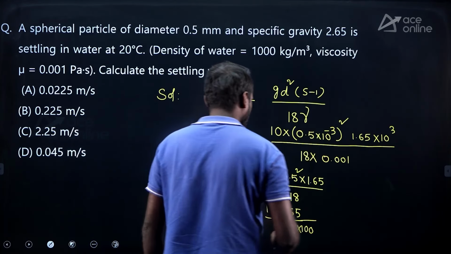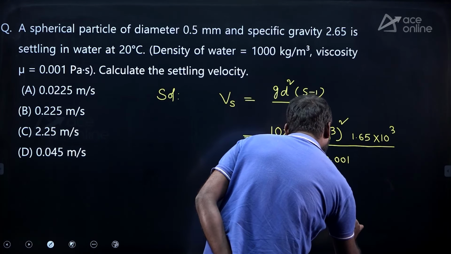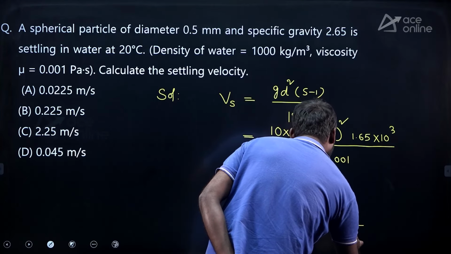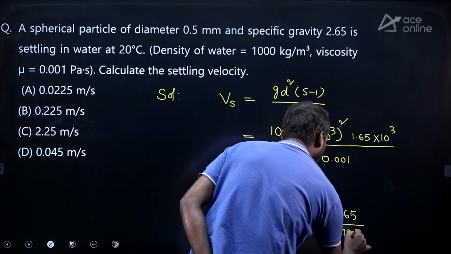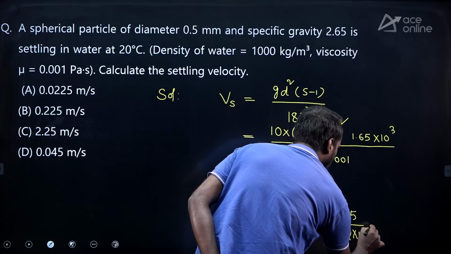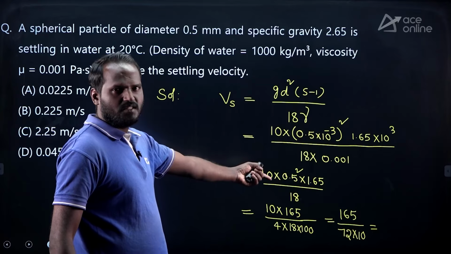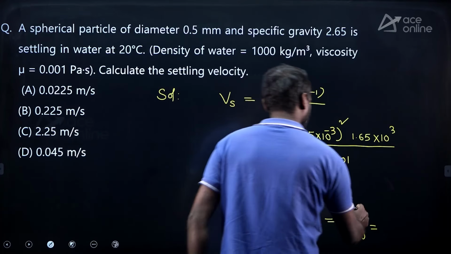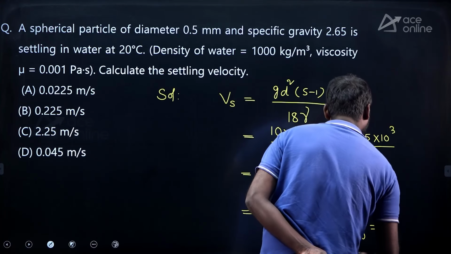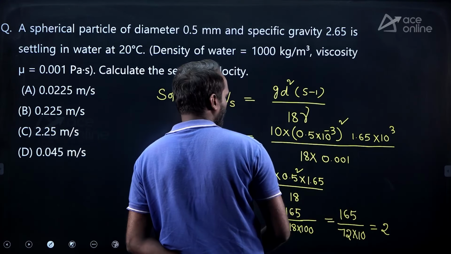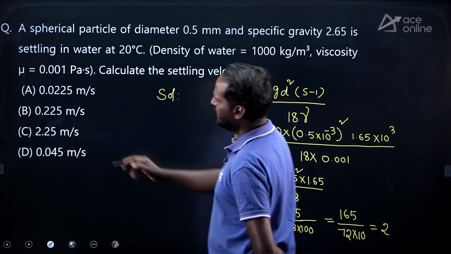Now 4 into 18 is 72, right? 165 by 72 into 10 into 10. Now look at this. 72 threes doesn't work. 72 twos, right? Therefore 2. If you evaluate 0.225, you will get this answer.